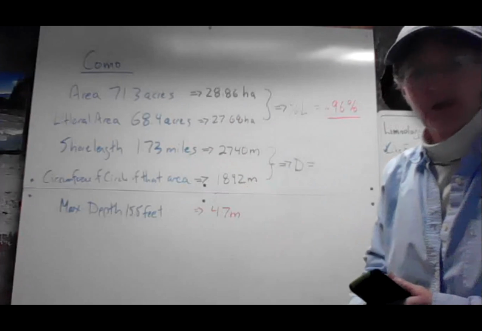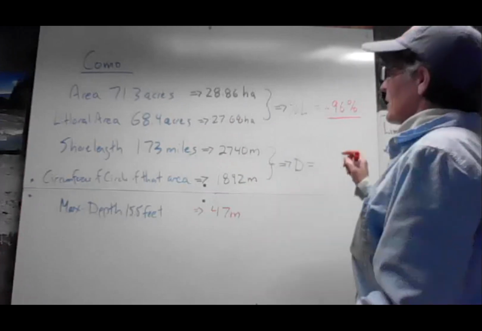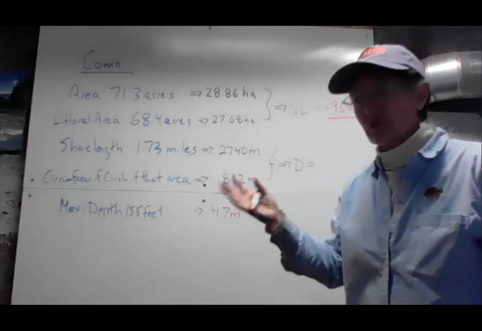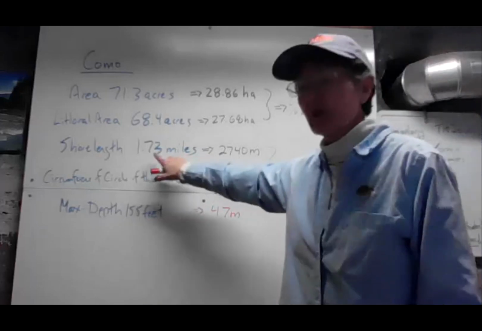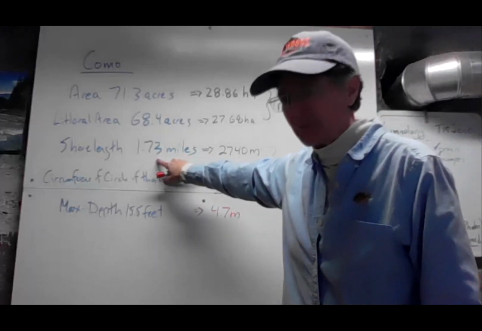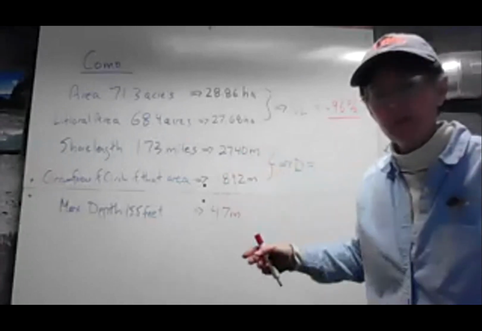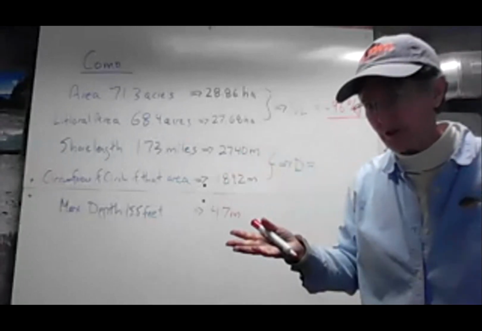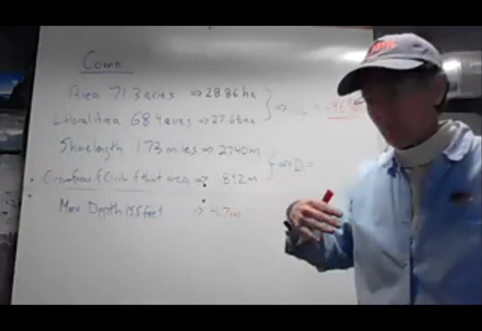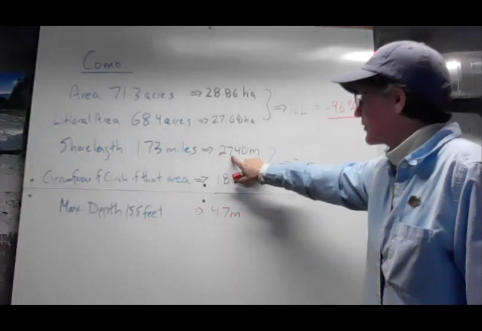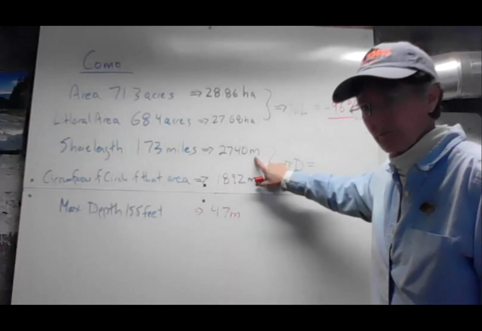Yay. All right. And then the shoreline development factor, right? So the shore length, 1.73 miles. That converts to 2.74 kilometers, which is 2,740 meters.